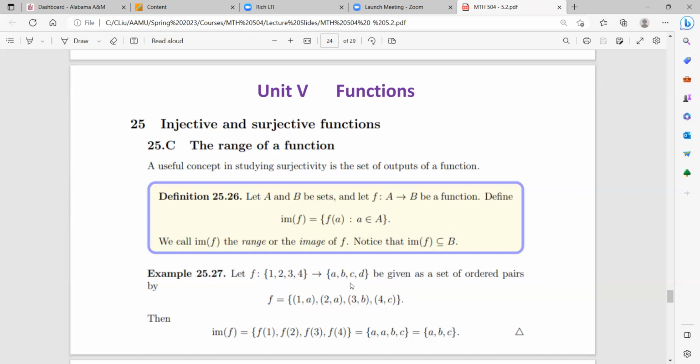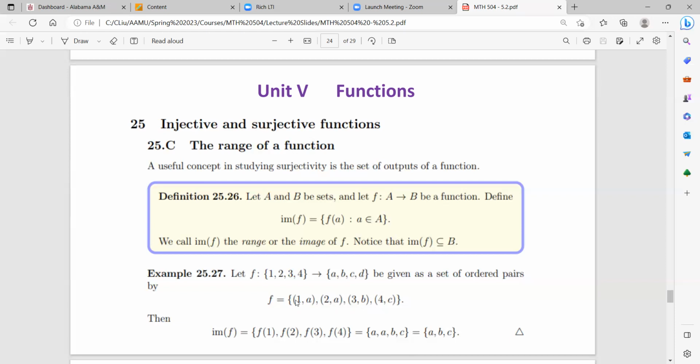You can write the function as all the pairs. This function includes 4 pairs: (1,a), (2,a), (3,b), (4,c). So what's the image of the function? You just look at the second coordinate, right? So that would be a, b, c.